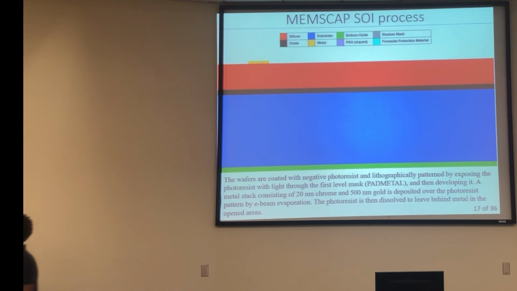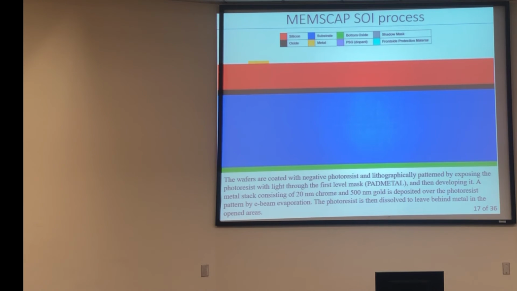So what you can do is this. Here's your top layer right here. You deposit some photoresist. You have an object in there to cause some shadowing. You shine light on this thing.